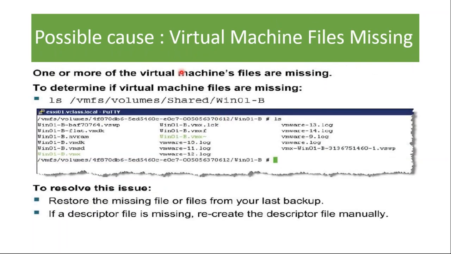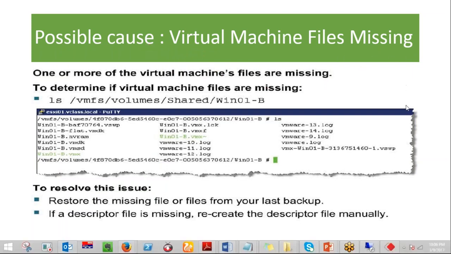And there are other possible causes for a virtual machine not being able to start. One or more of the virtual machine files are missing. VMDK files are missing, due to that you are not able to power on your virtual machine. This event will be displayed in your virtual machine tasks and events, as well as the virtual machine vmware.log file. You can find that out.